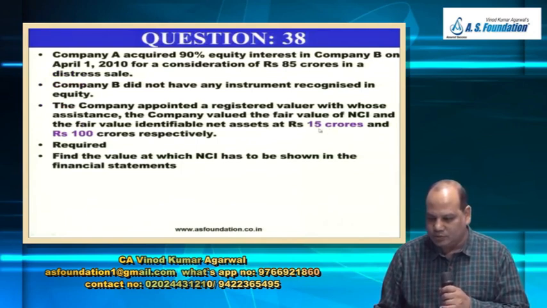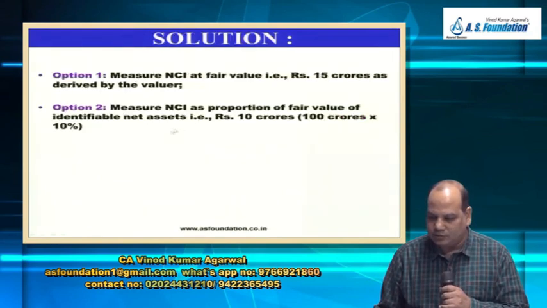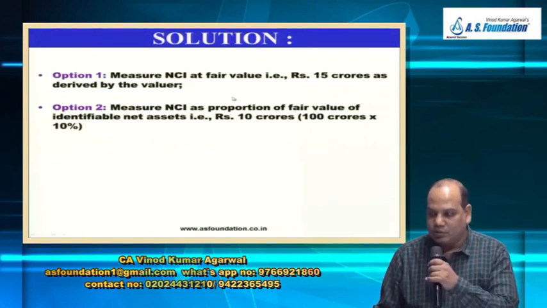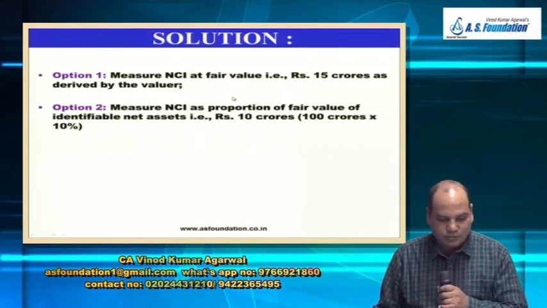There are two options. One is fair value method, under which the answer will be 15 crore, and the other will be net asset method. So net asset is 100 crore, NCI share is 10%, so the answer would be 10 crore. Write down option 1.